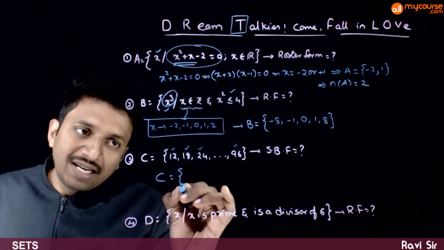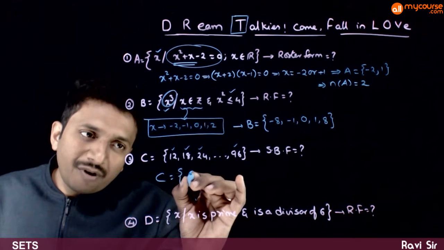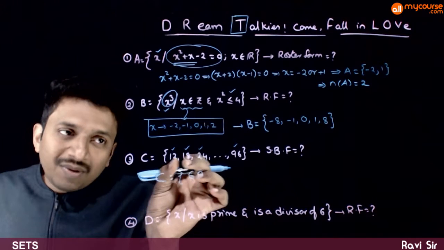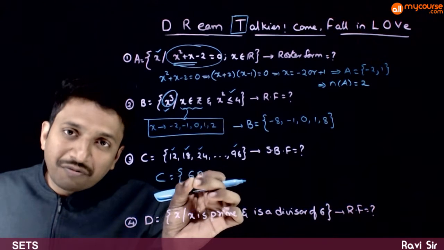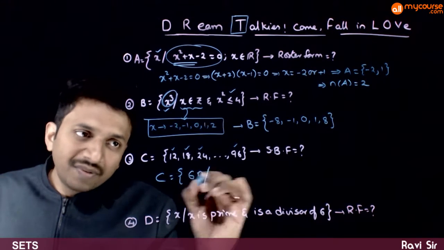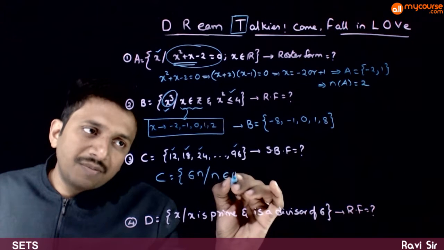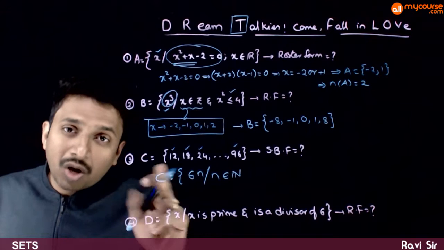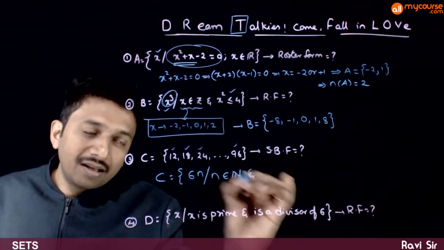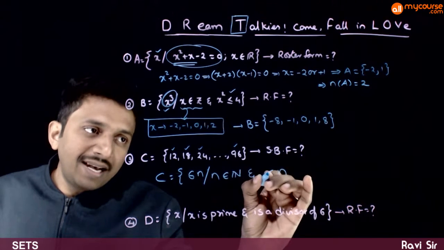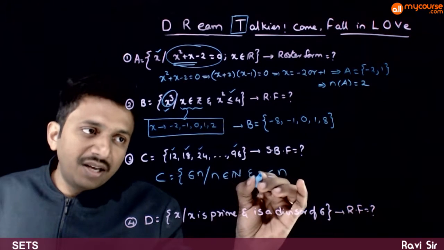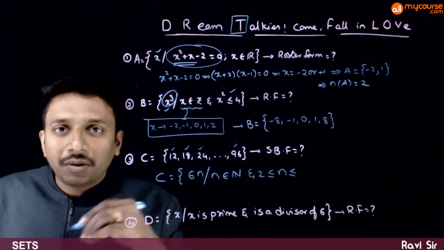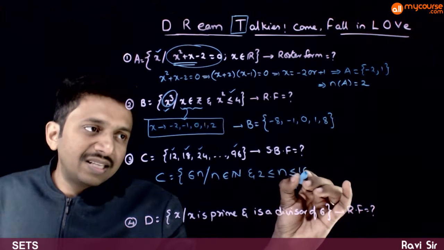C is a set containing elements of the form 6n, right? All the elements are multiples of 6, so they are of the form 6n, such that n belongs to natural numbers. Yes, n takes values of natural numbers, but not all natural numbers. What is the range of n? n lies between 2 less than or equal to n less than or equal to 16.